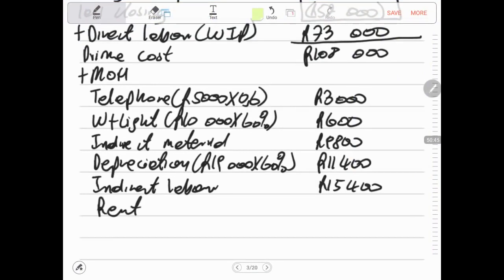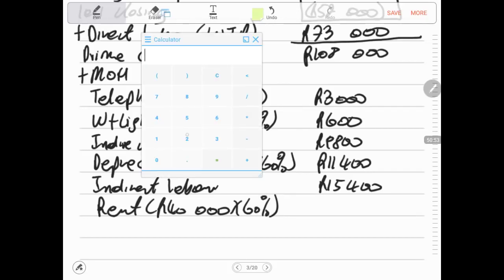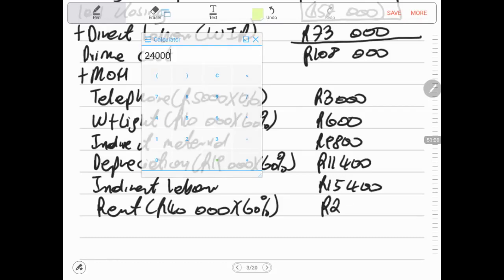Then after we have rent, which in total is 40,000 rands. But out of the 40,000, 60% of this relates to manufacturing. Therefore, 40,000 rands times 60%, which is 0.6, gives me a total of 24,000 rands.